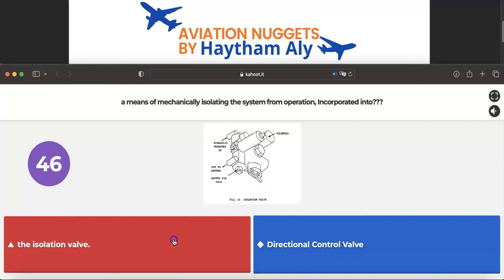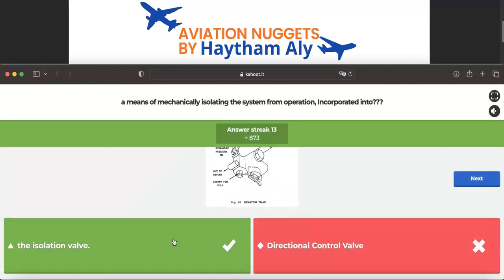As I told you, the isolation valve always has a lever, and the maintenance people can close the isolation valve mechanically by accessing the hydraulic control unit, to assure that hydraulic supply will not go to the thrust reverser actuator, because they may be working in the area of the engine and they don't want an inadvertent operation of the thrust reverser, for the safety of people and the engine.